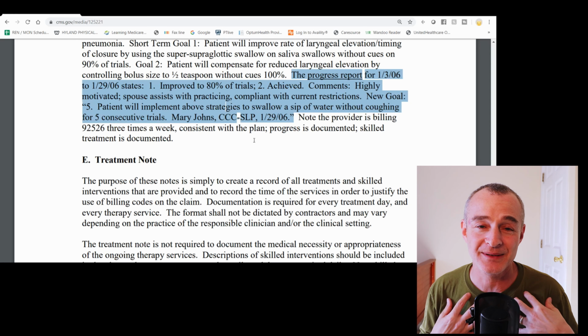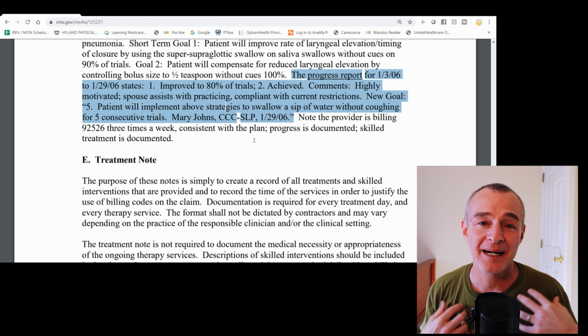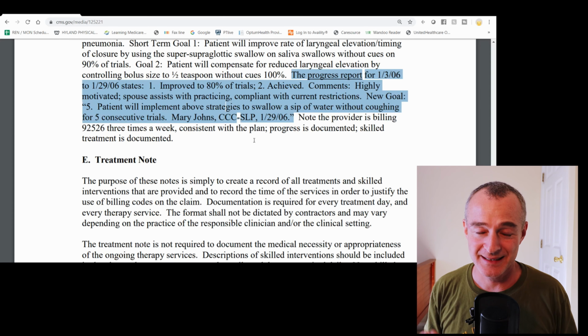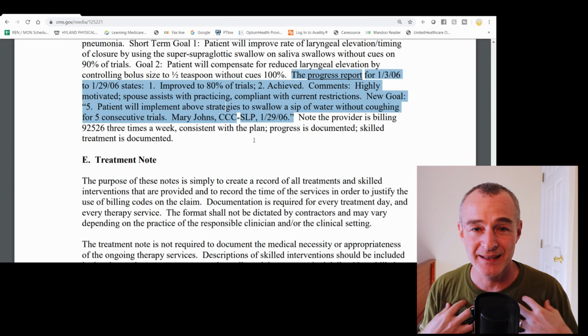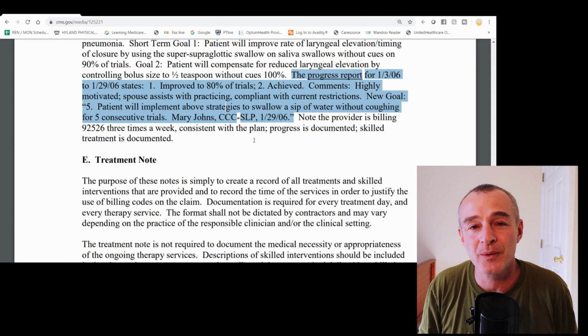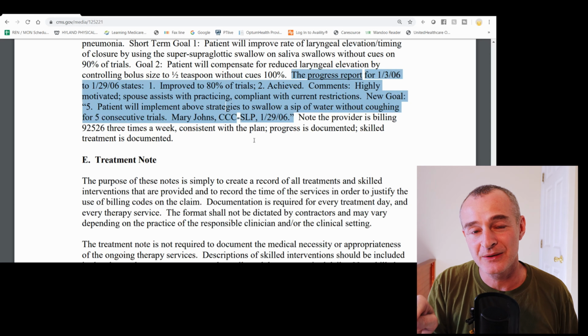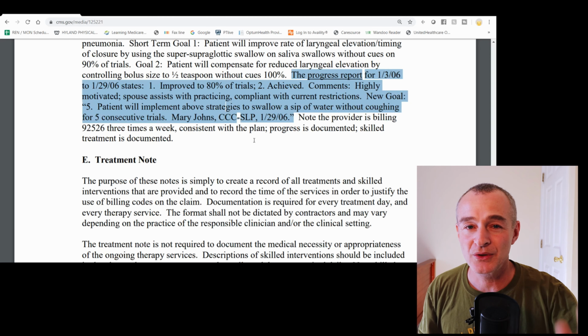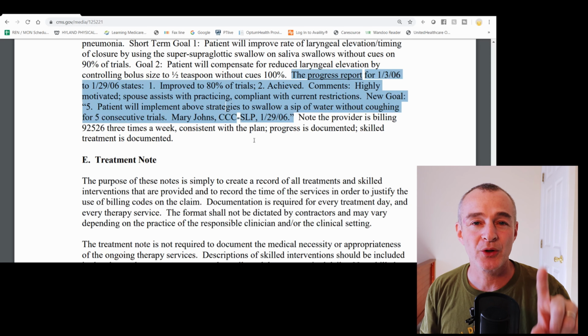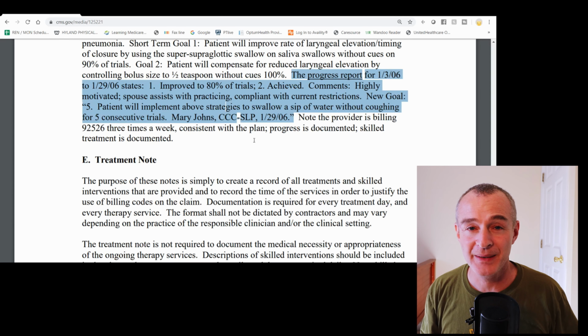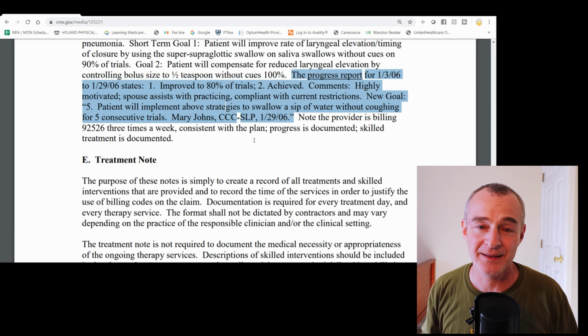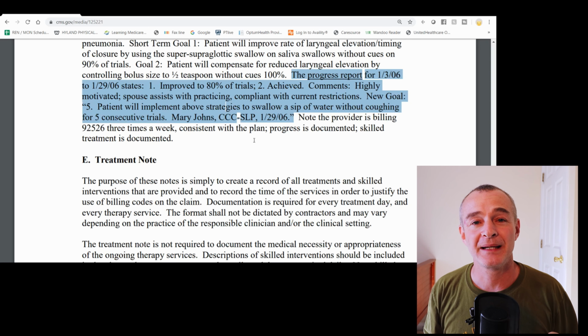I'm not standing on a high horse saying that I'm better. Like, I make decisions every single day that cost me money because this is what I want to do. But I want you to understand, we see what the progress note is based on Medicare guidelines. You can do more, but just remember, you're paying for it. Your patient's not paying for it. Medicare is not paying for it. Nobody else is paying for it. You are paying for it.